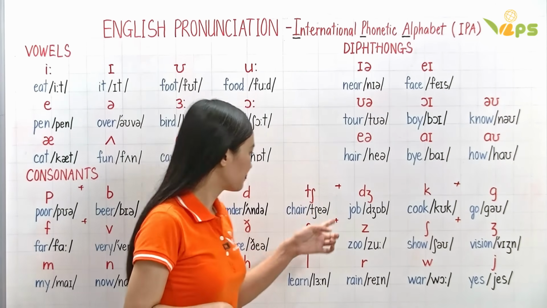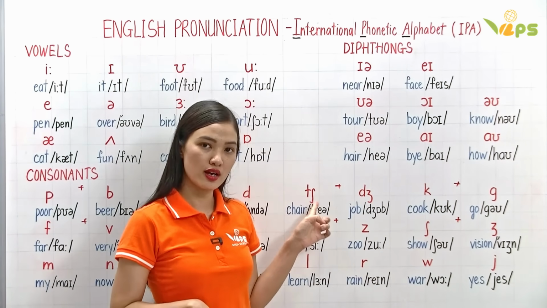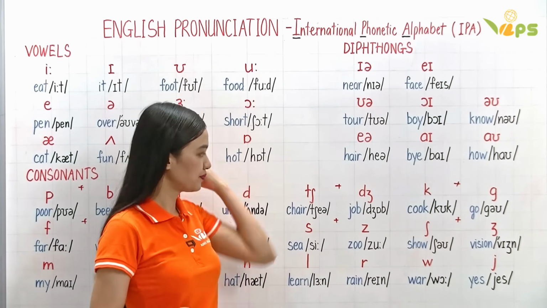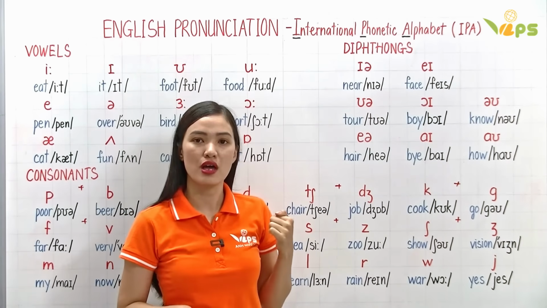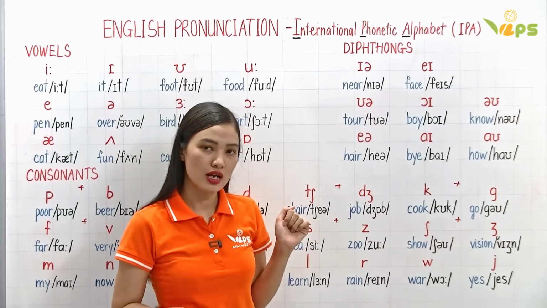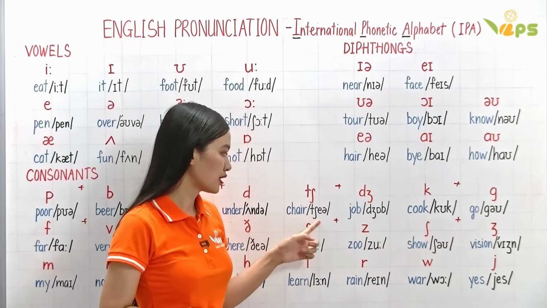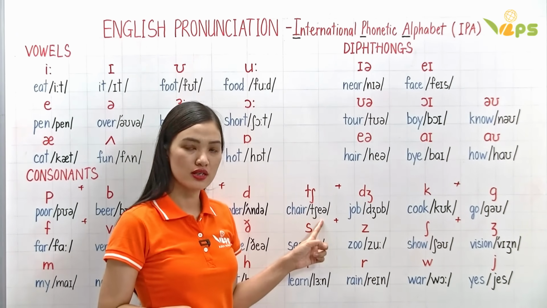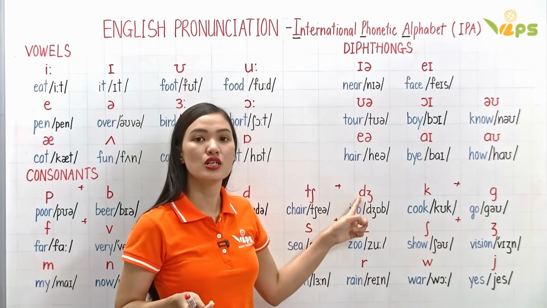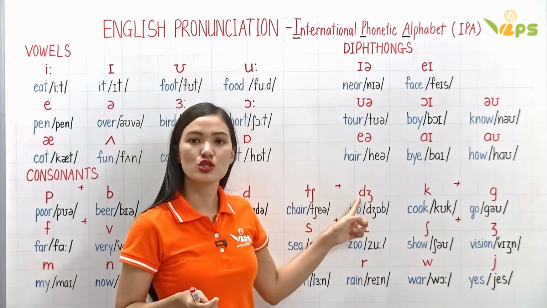Now, next, ch, unvoiced, j, voiced. Now, look at my mouth. Chair. And this one with vibration, j.